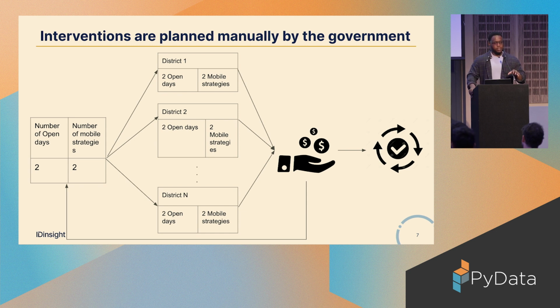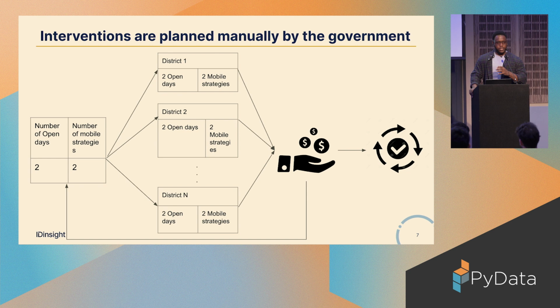Then they will apply those strategies to every single district, regardless of whether those districts are more rural or more urban, or regardless of the size and the population of those districts. Then they will just calculate the budget, and if the budget is approved, they will implement those strategies. If not, they will go back and try to update the planning and then go through the same process until they get approval. So you can already see the issue with that, right?